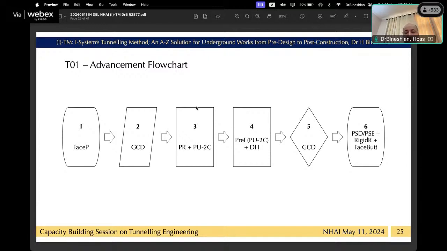Number three, application of pipe roofing, followed by polyurethane two-component injection. Number four, application of pre-excavation injection using polyurethane two-component. Number five, conduction of GCD to check if the value of hydraulic conductivity reduced or not. When it is below 1, permission is given for excavation. Number six, and they have moved ahead.